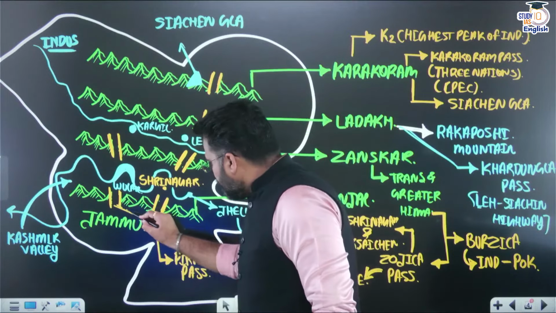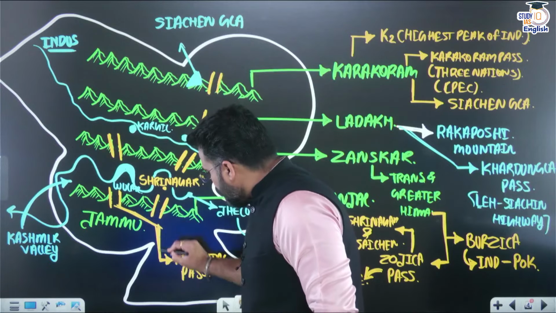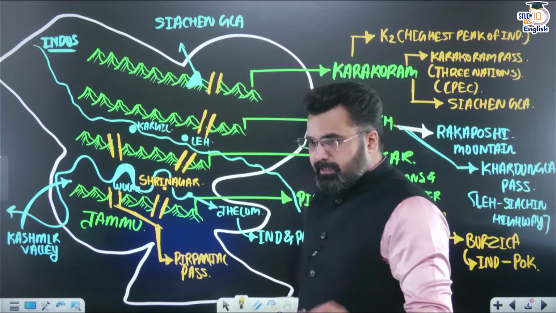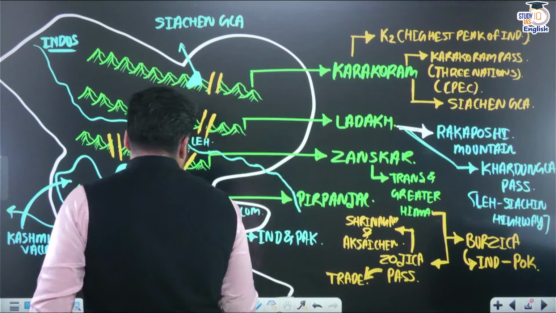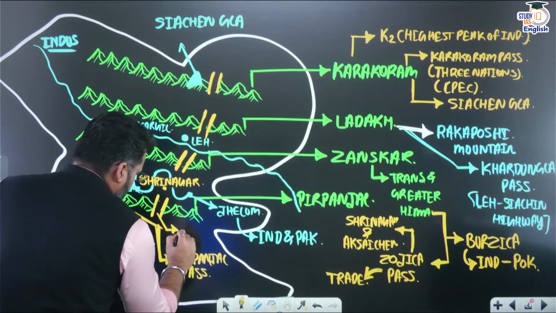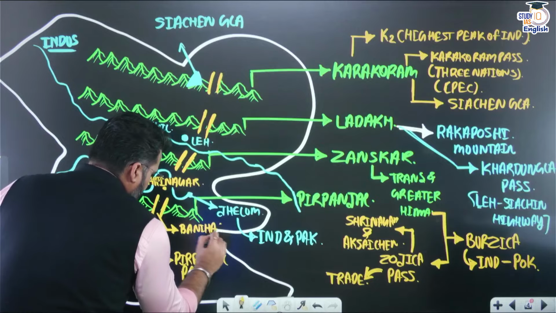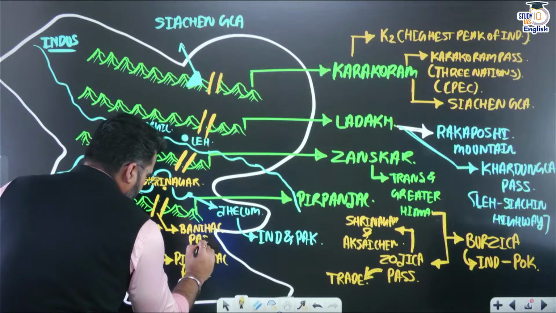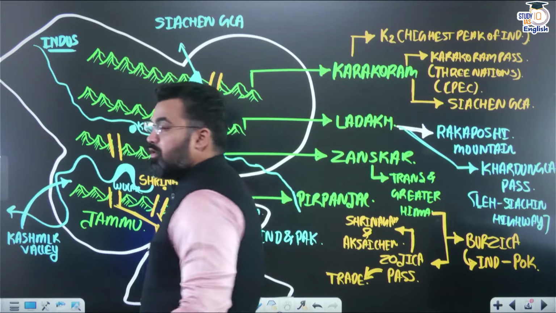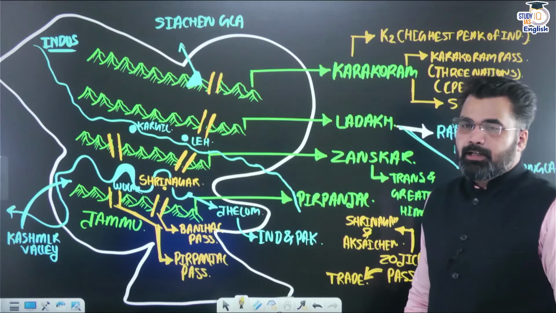So this is Pir Panjal Pass for tourism purposes, and the other pass is here by the name of Banihal Pass.